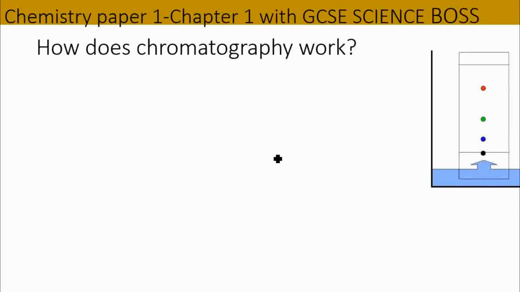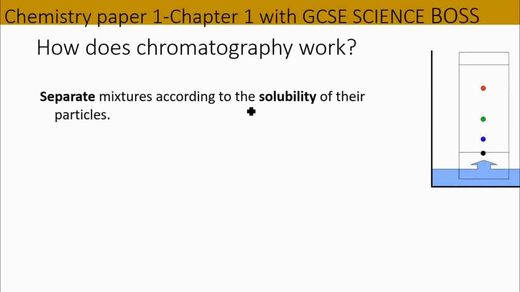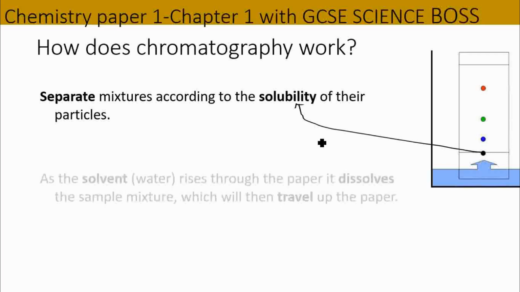Now how does that happen? Separation happens because you have a difference in solubility of the particles inside that dye. Here it's made up of a mixture of different substances. Each one has a different solubility.